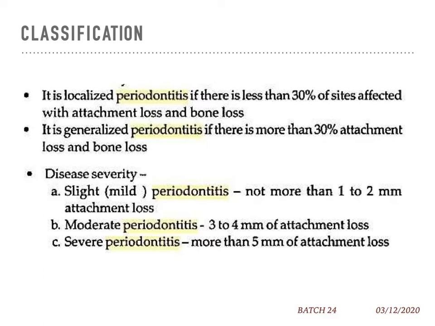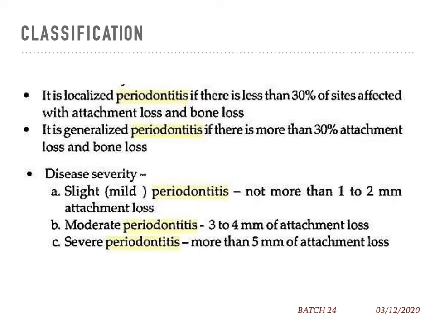So when you calculate the total number of sites involved, if it is less than 30% of the sites involved with periodontitis, then it is called localized, and if more than 30% of the sites are involved, it is generalized periodontitis. Based on the severity, it is subclassified into mild, moderate and severe periodontitis.